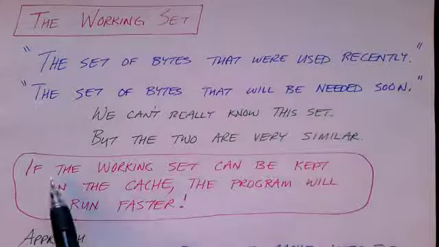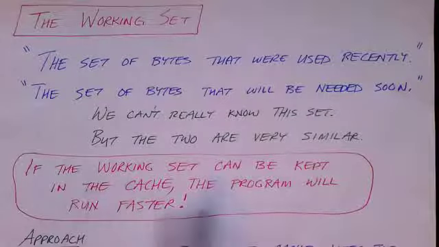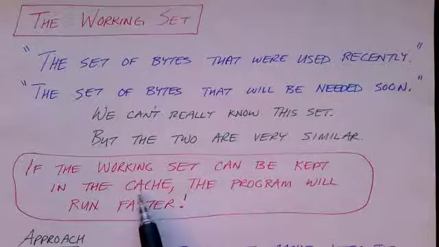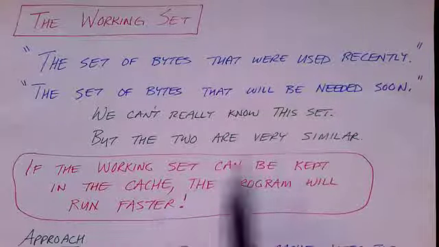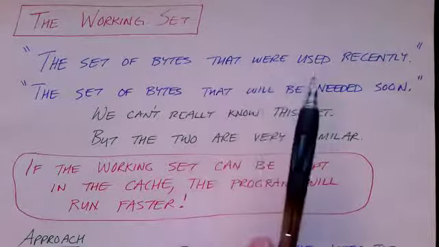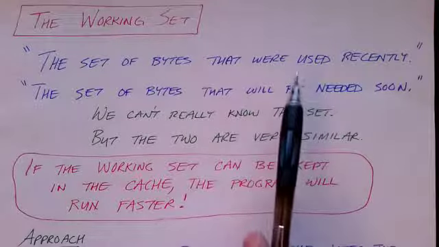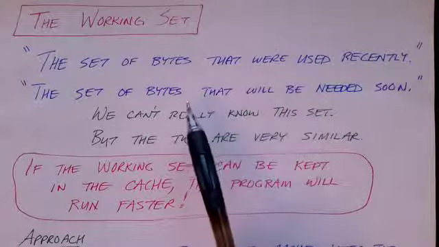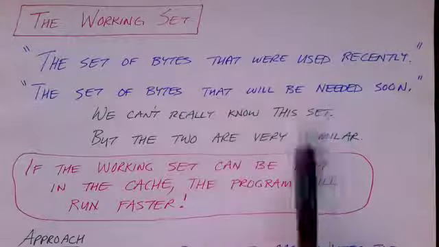So the idea behind the working set is that if the working set can be kept in the cache where access is very fast, then the program will run faster. So the idea is we try to keep the set of bytes that were used recently in the cache as well as bytes that are nearby, and that way the set of bytes that we might need soon will be in the cache already.